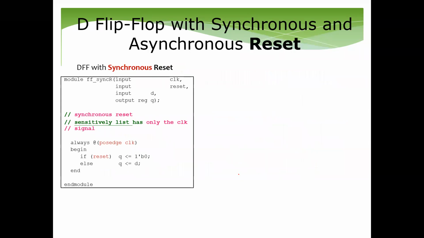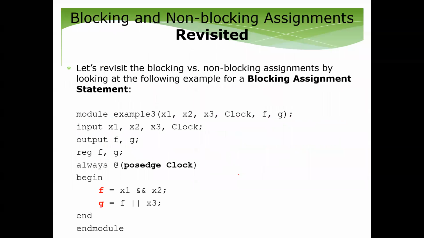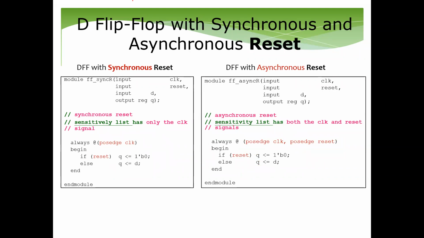Now, this is the same code but with positive, or active high, reset. The only change that you will have here is in the if statement. If reset equal to 1, reset.